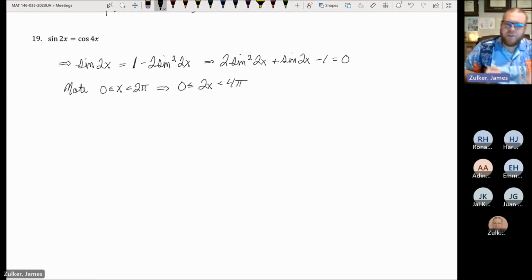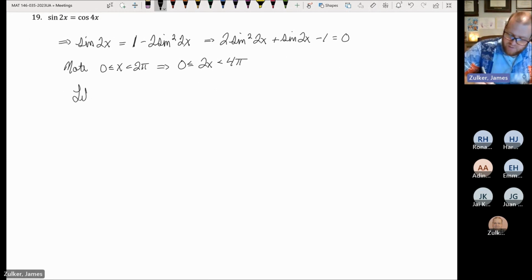As with the previous problem, we're going to want 2x to be between 0 and 4 pi. We're also going to do a change of variable.